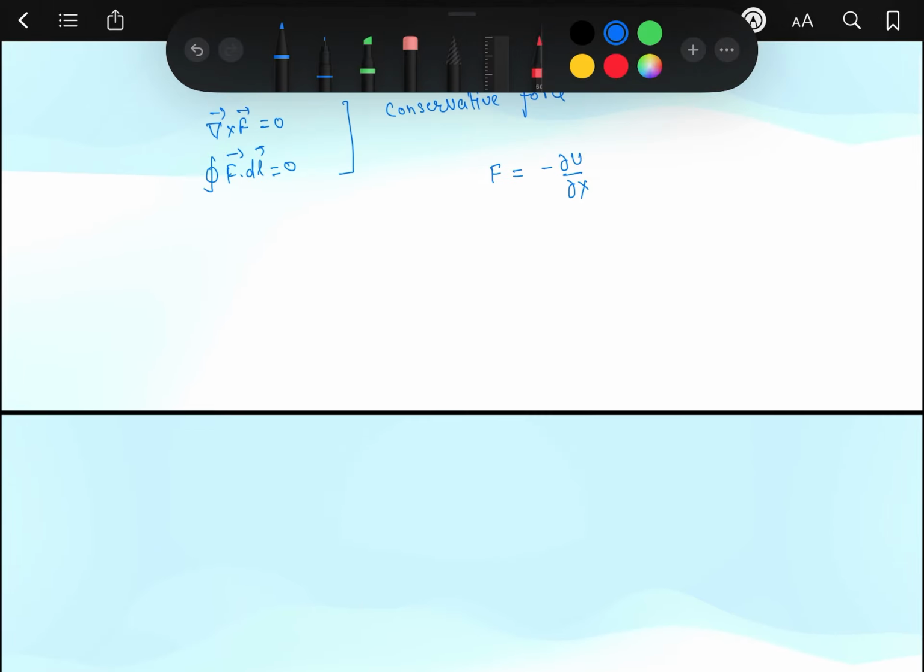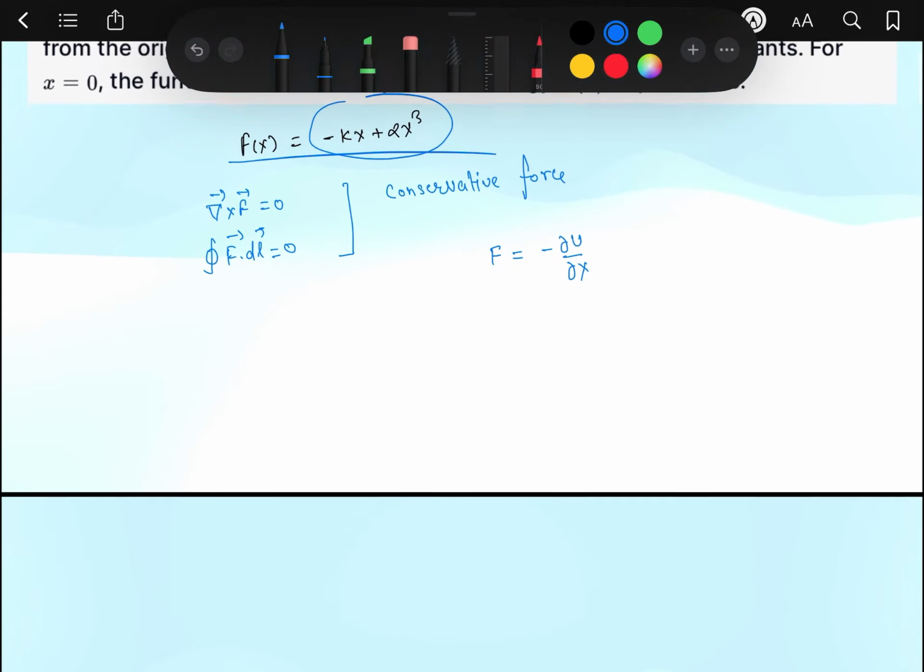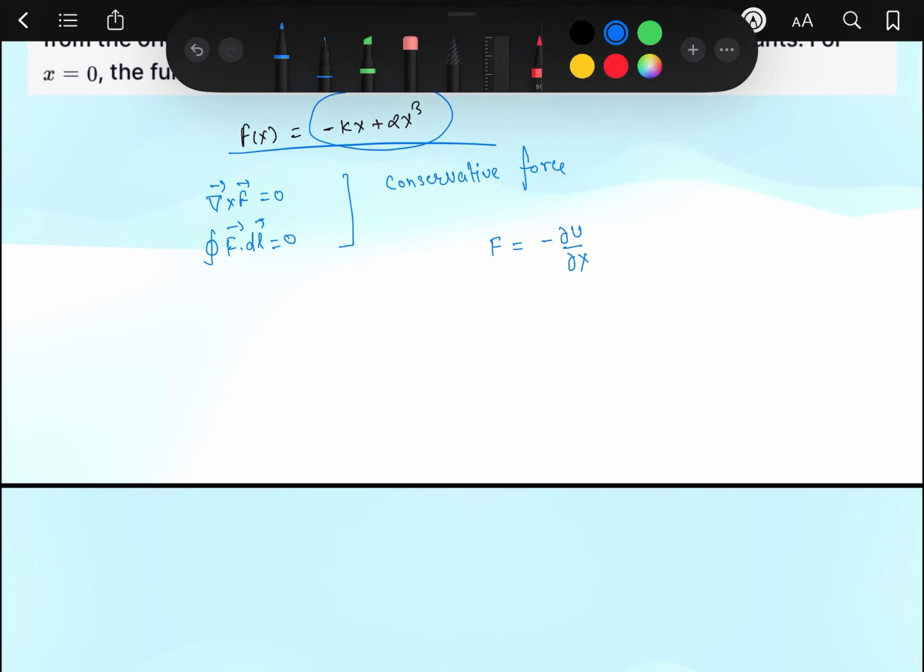So the potential energy will also be a function of x here. Now I have to substitute the value of this force F. So the value of force is -(kx + αx³), which is equal to negative of dU by dx.